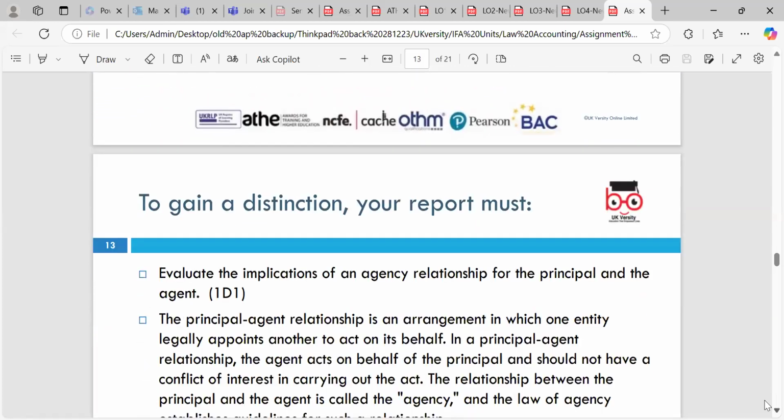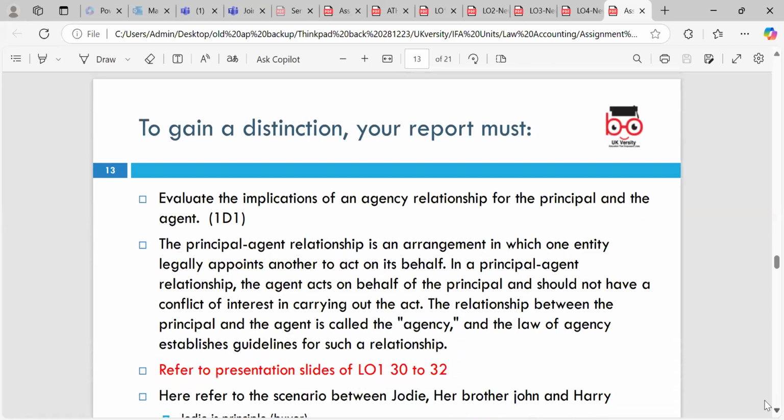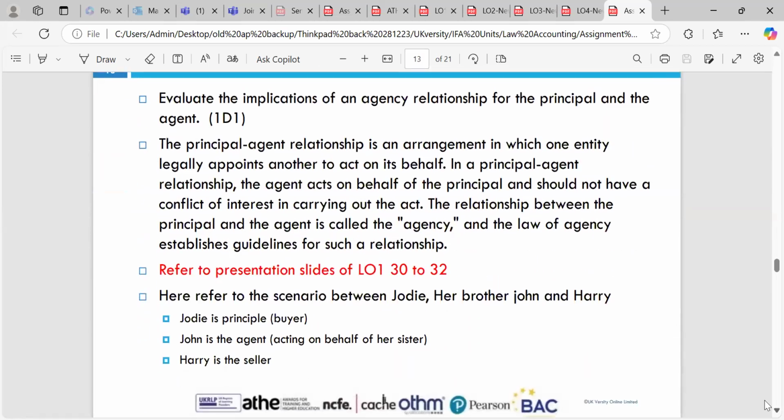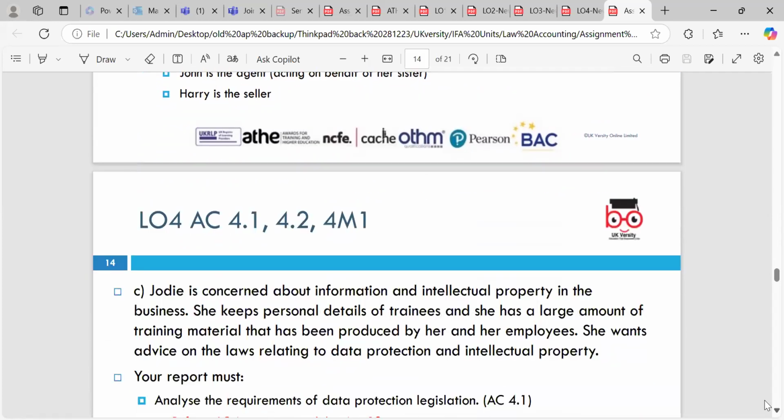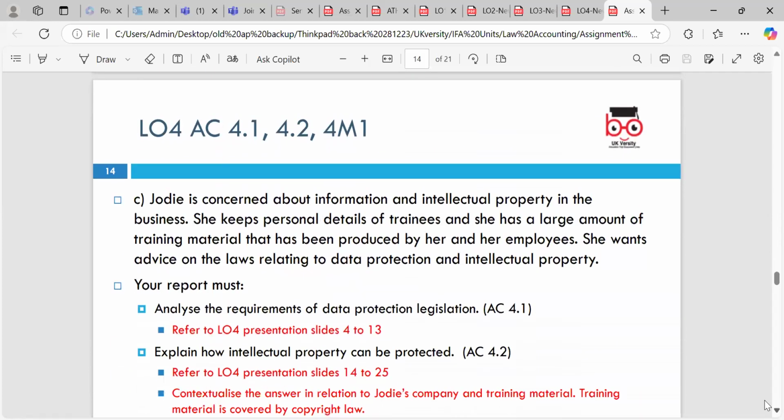To gain the distinction in your report, evaluate the implications of agent and agency theory and the secretary relationship: who is the principal, who is the agent, and Harry is the seller. Between them is the agency relationship, and there was an offer and acceptance, and we need to look at it from that perspective.